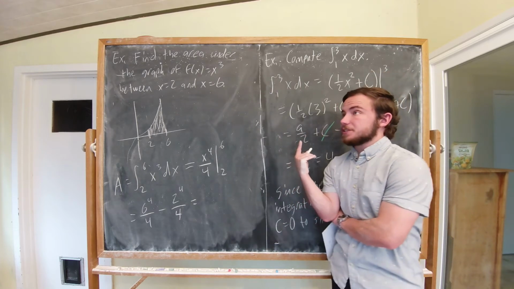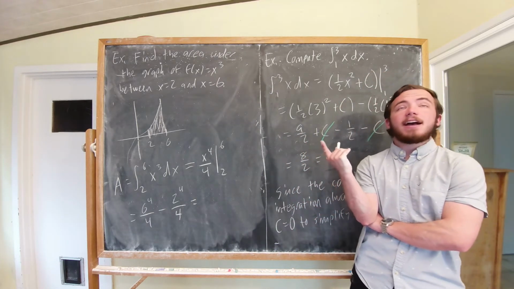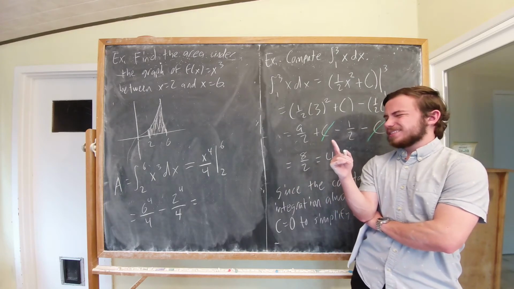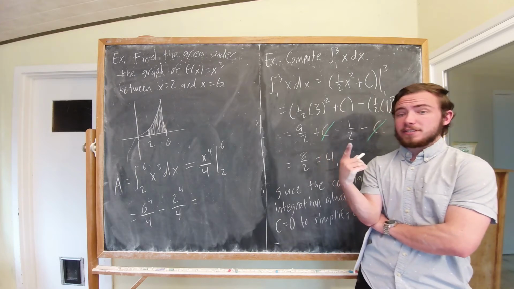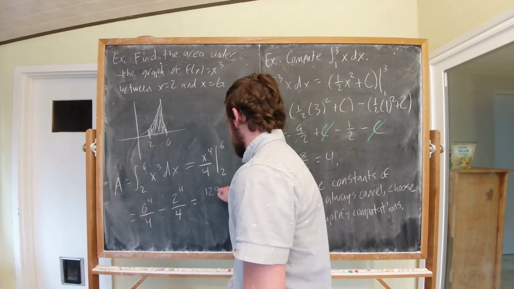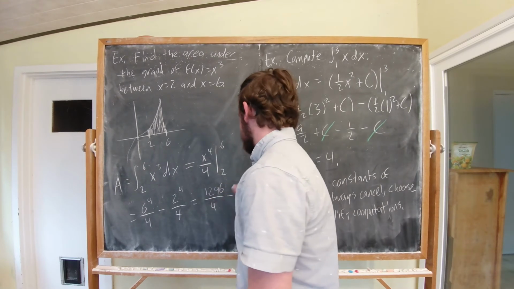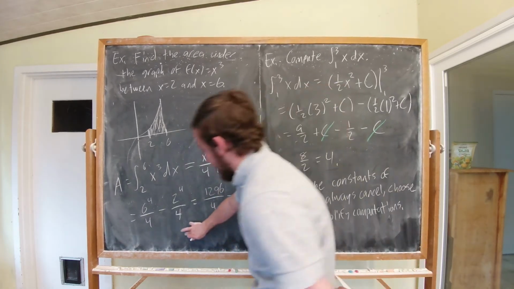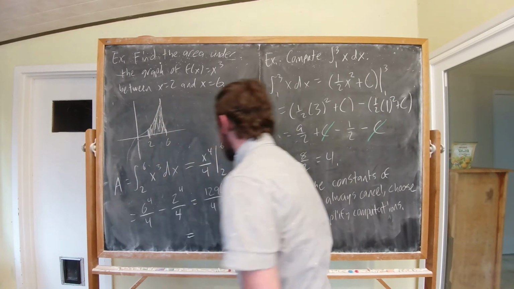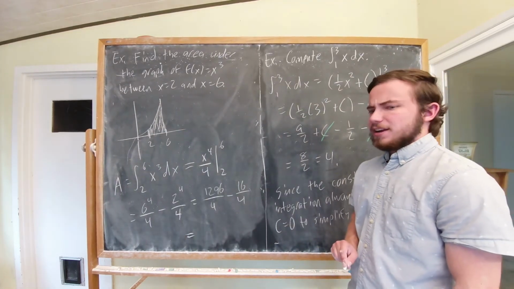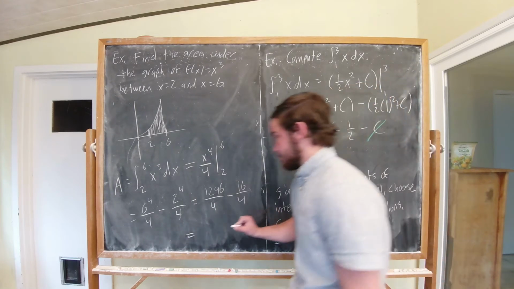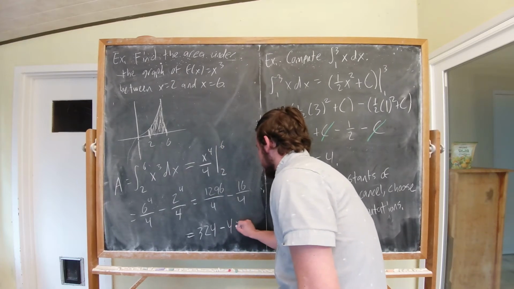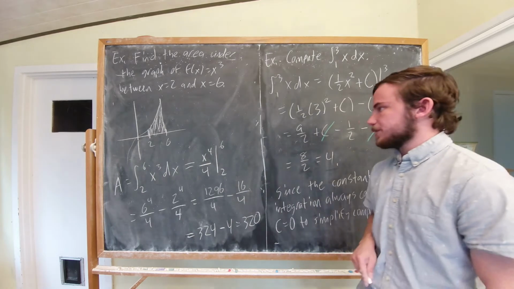6 times 6 is 36, times 6 is 216, times 6 is 1,200, 1,260 plus 36, 1,296. Divided by 4 minus 16 over 4, or 4, what is that? That is 324 minus 4. 324.